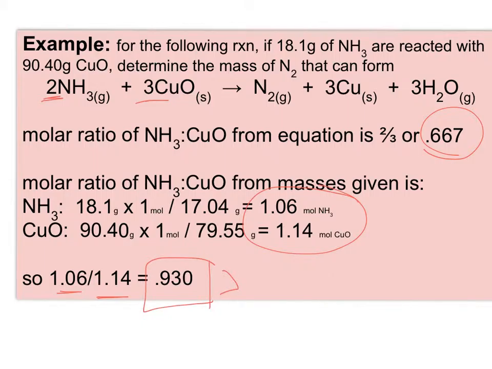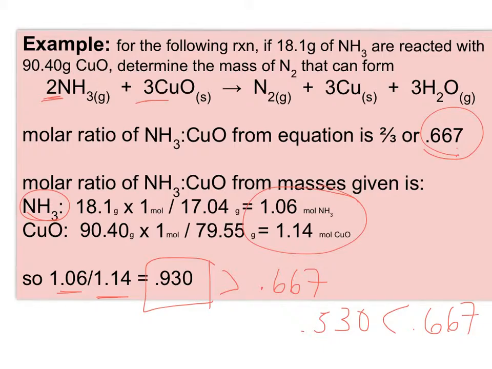Well, 0.993 is greater than 0.667, so what that's telling me is I had more NH3 in this ratio than what I needed to get the 0.667. So it's telling me NH3 is my excess, and then by default, CuO is my limiting reactant. If I'd come up with a number that was less, let's say I came up with 0.530, and I saw that that was less than 0.667, then what that's telling me is I don't have enough of the NH3 on top, or I have an excess of the CuO on the bottom, and that's why my ratio is smaller.